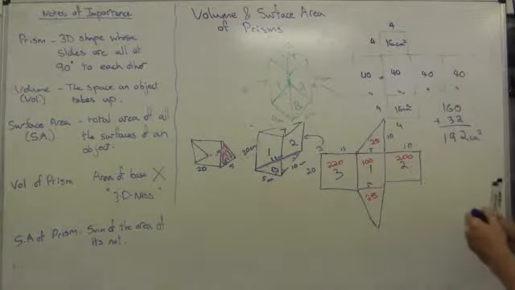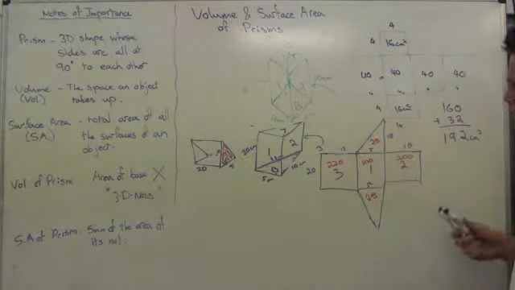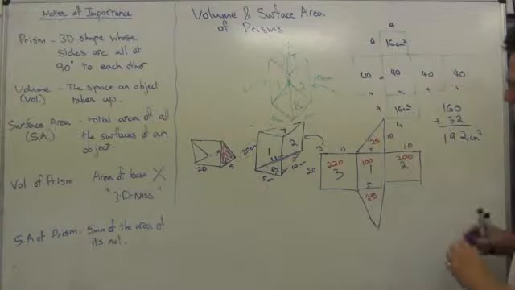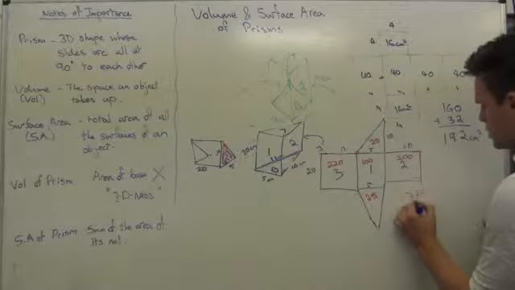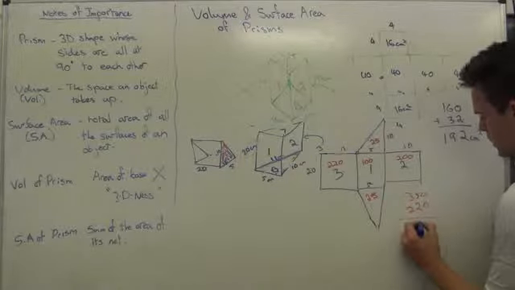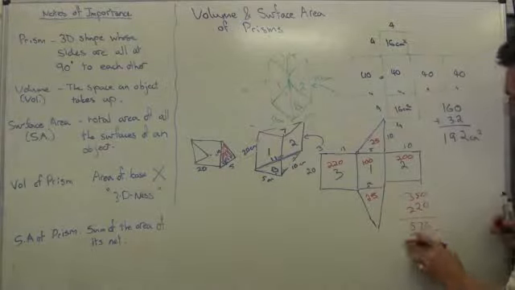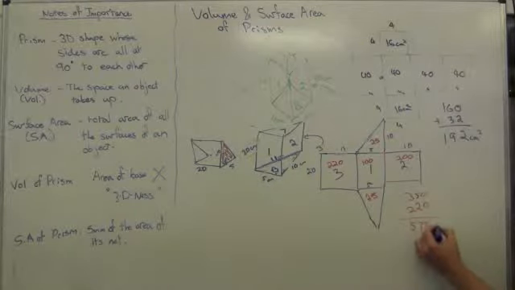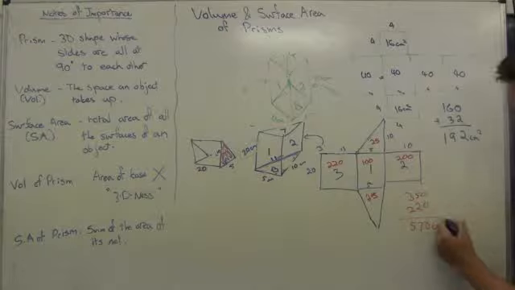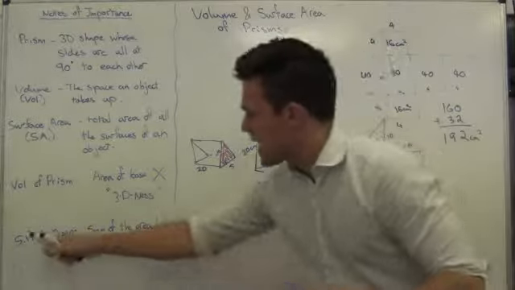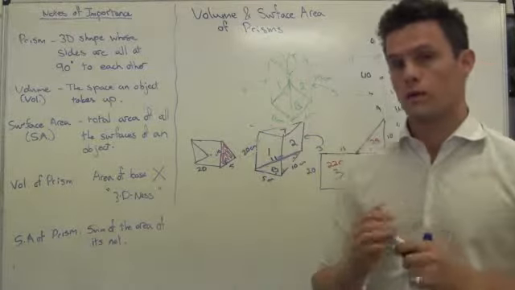So quickly we can add this up. 25 and 25 is 50, 100 and 200 is 300, so that's 350, so 350 plus 220, add up 0, 7, and 5: 570 centimeters squared, because I'm dealing with the surface area. Please make sure you are aware of your units.